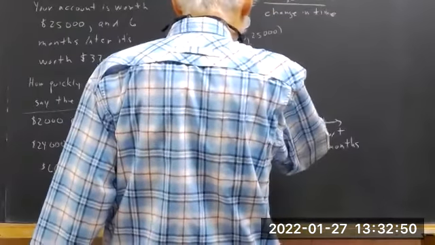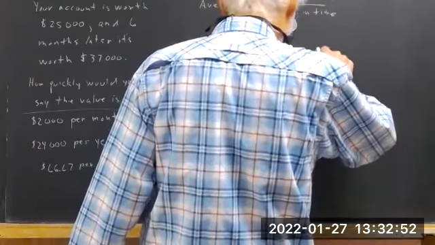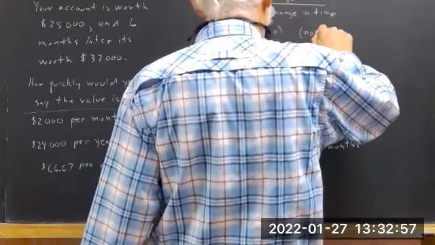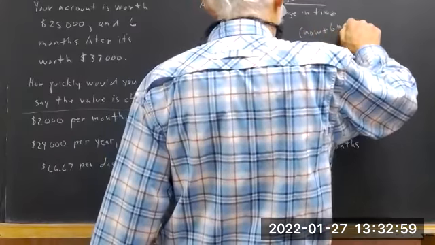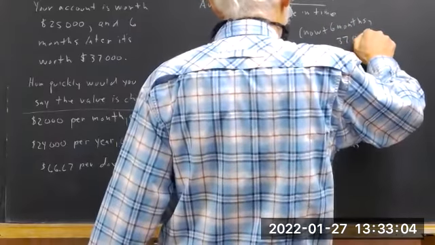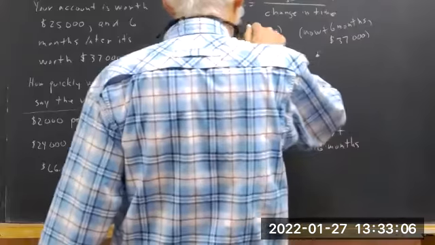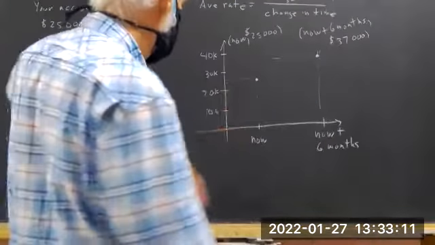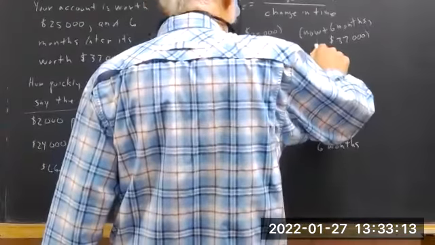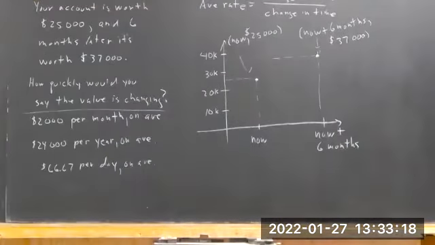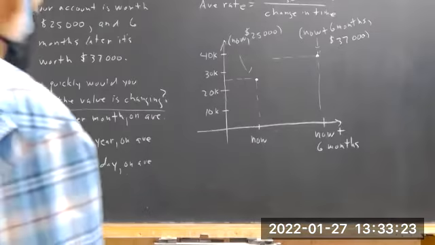So 37,000 would be about here. Oh, no, plus 6 months is just what I said it was. So here it is. Oh, dollar sign. So I have this point and this point. Well, what's the slope of the line segment between these 2 points?